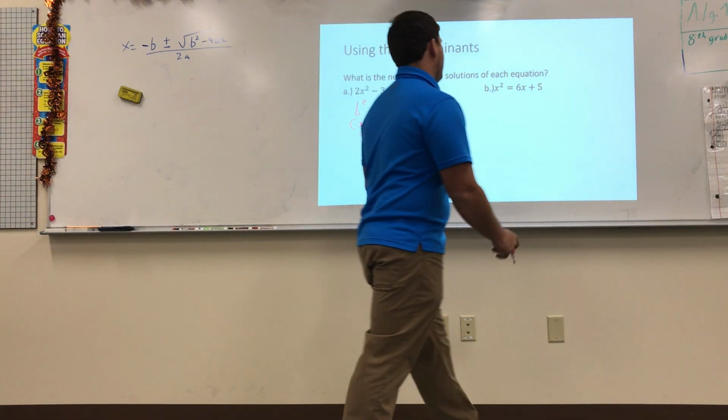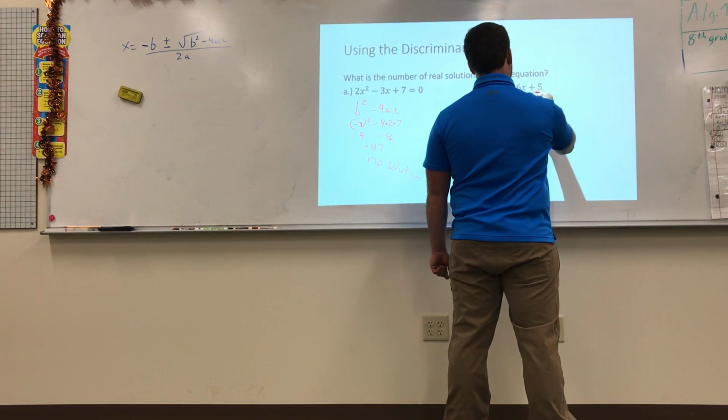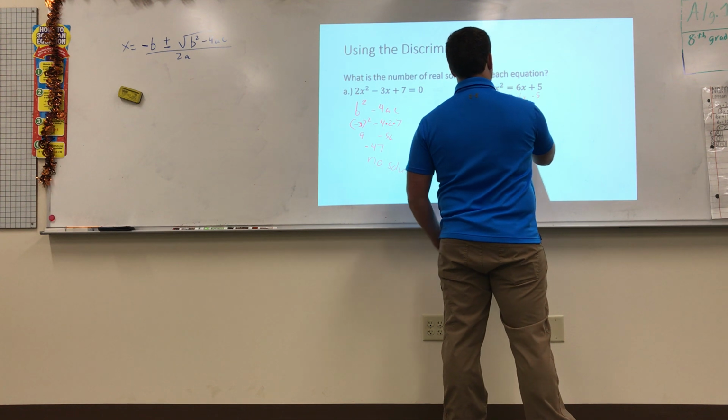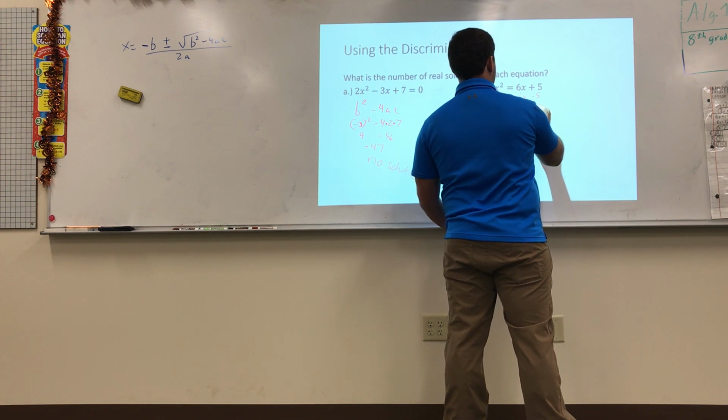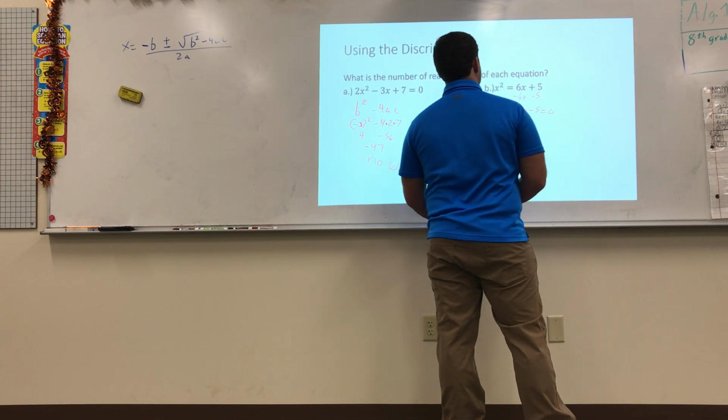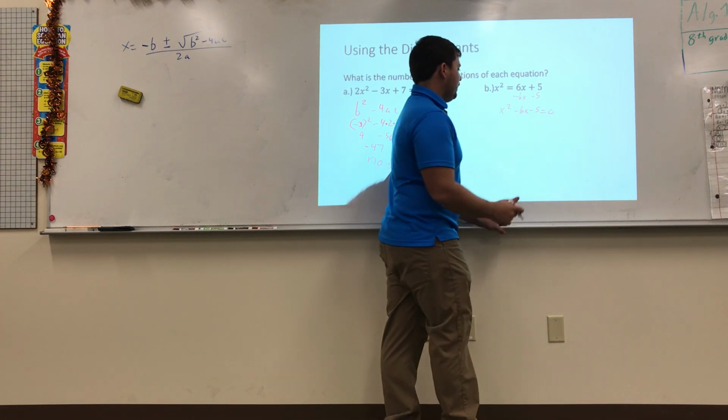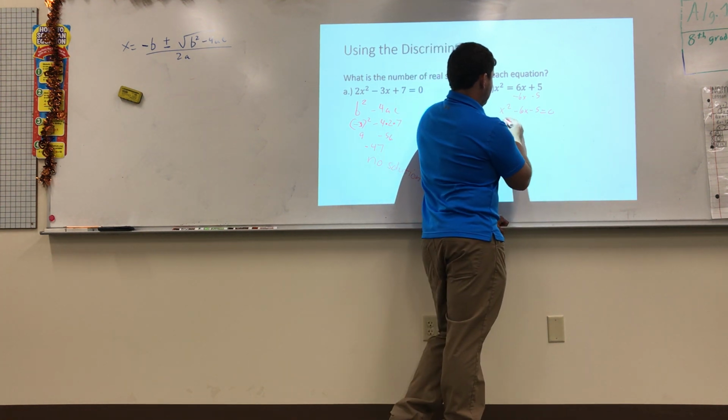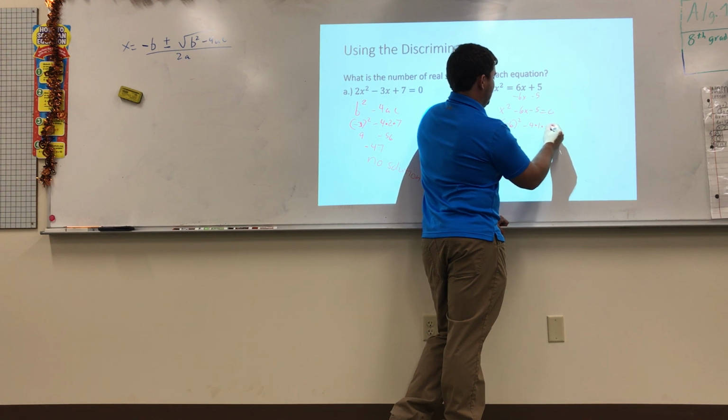Okay, over here, I'm going to have to subtract the 6x and subtract the 5x. Then I'm going to get x to the second minus 6x minus 5 equals 0. Okay, now b is negative 6, squared, minus 4 times a, which is 1, times negative 5.